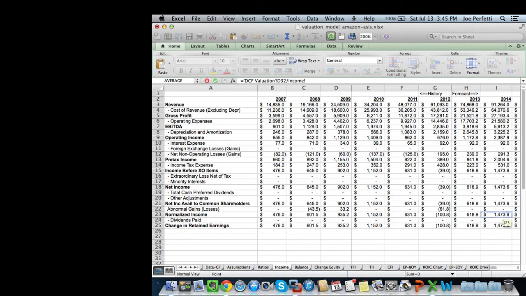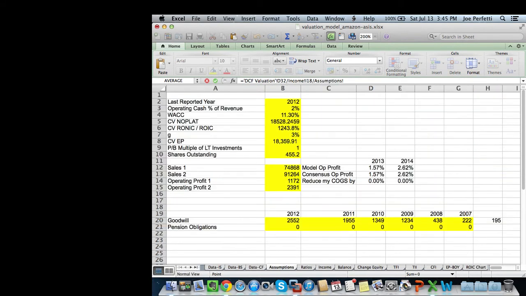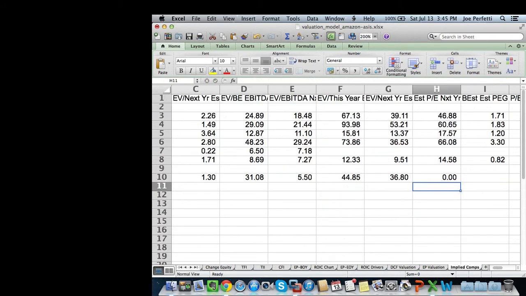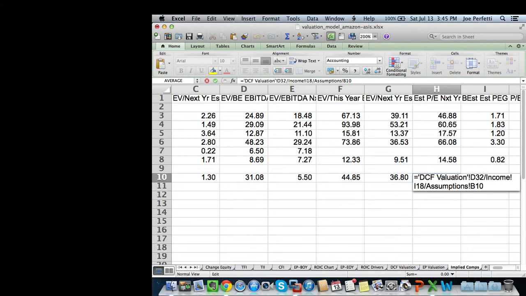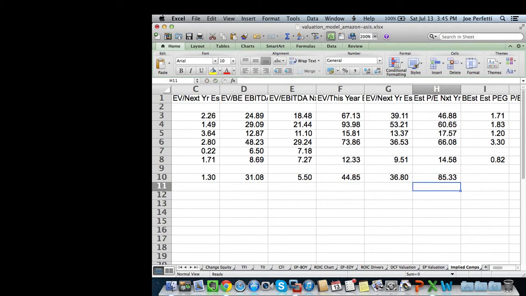So we would take the net income in 2014 and divide that by the shares outstanding. Okay, so there's your forward PE that we're calculating in the model, right?